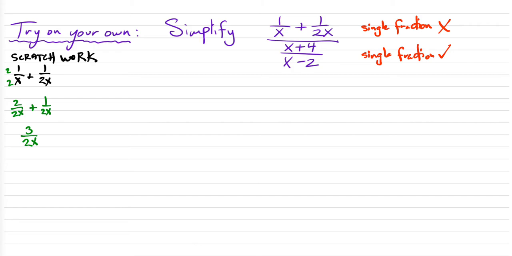I don't know if some of you are getting stuck. If you put the two top fractions together, they should turn into 3 over 2x.